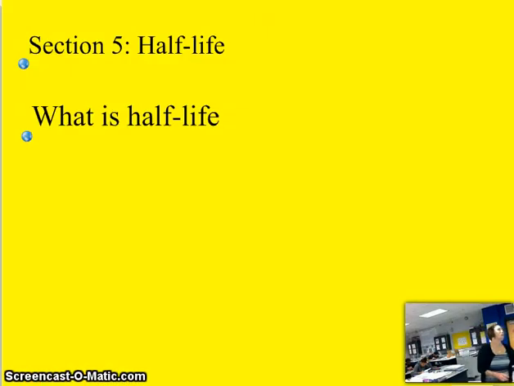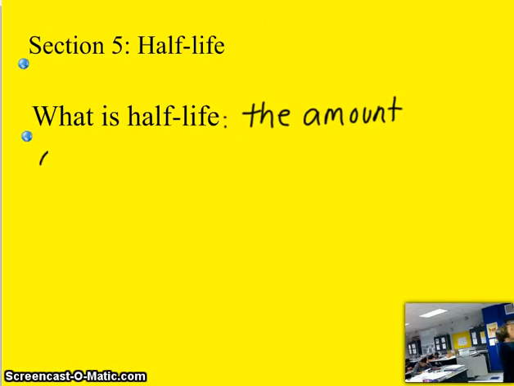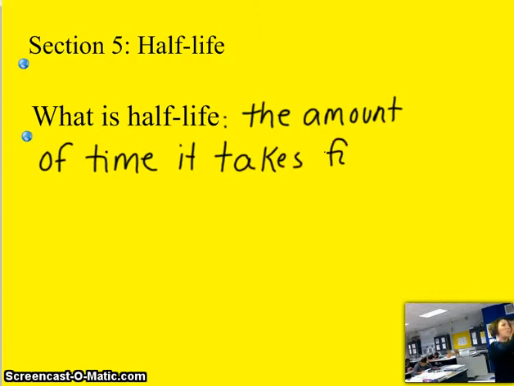Okay? So half-life officially is defined as the amount of time it takes for 1/2 of a radioactive sample to decay.